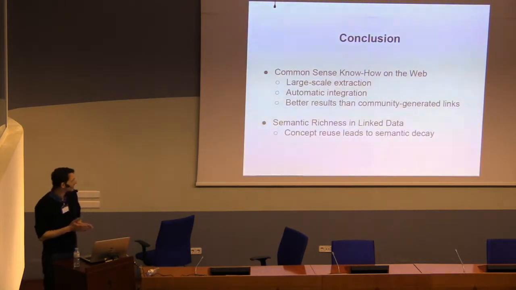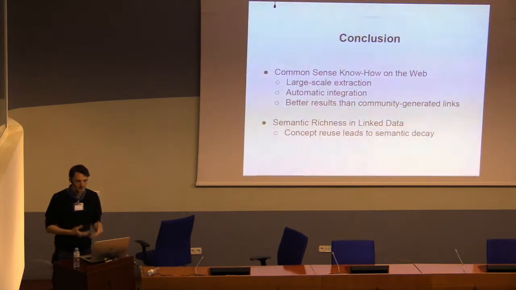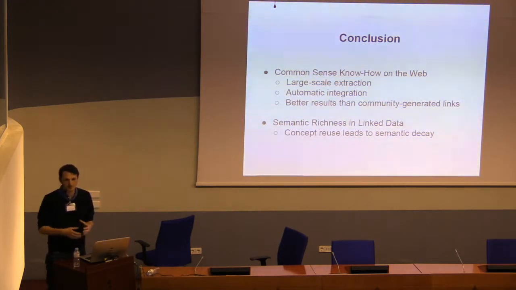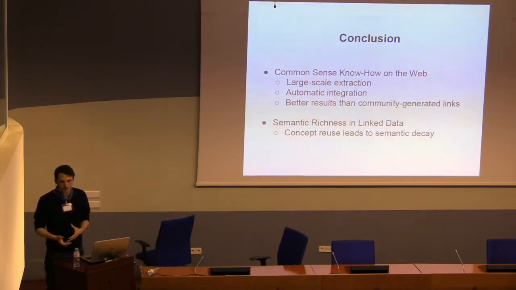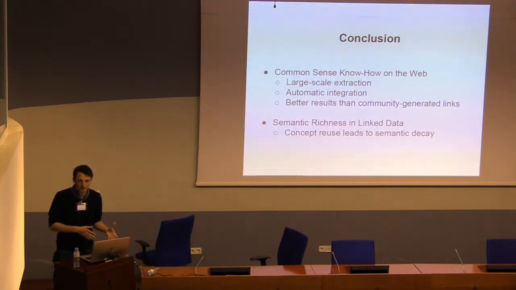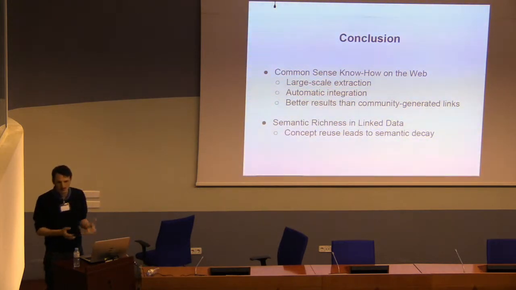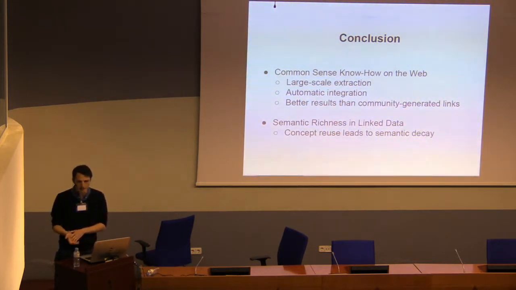So to conclude, I started by talking about common sense know-how on the web, telling you how this knowledge can be found on the web, can be made into linked data, and can be linked with each other and with external knowledge bases. So basically adding a new dimension to common sense knowledge on the web, which was mostly about facts, like DBpedia, and not much about how to do things.